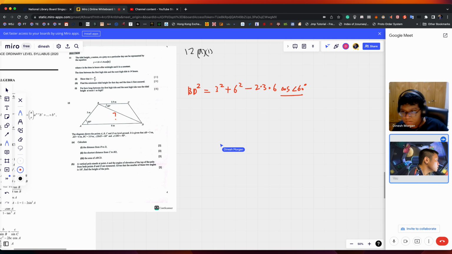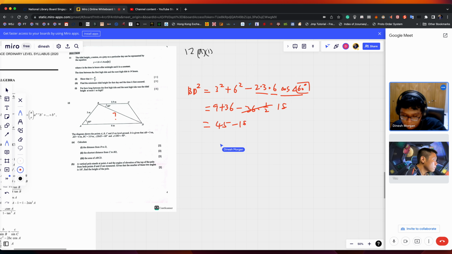I remember it's a special angle. 60 is a special angle. But sometimes when you have sine 60, you use your calculator, cosine 60 gives you half, right? Yep. Then that's how you get 27, right?